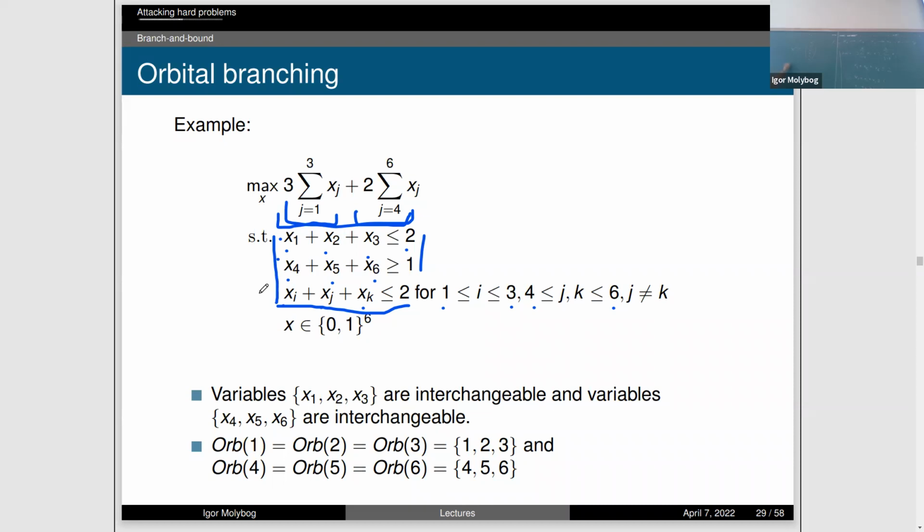Let's say that y is the solution for the original problem, and x is the solution for this new problem. Then y is equal to phi inverse of x star, right?